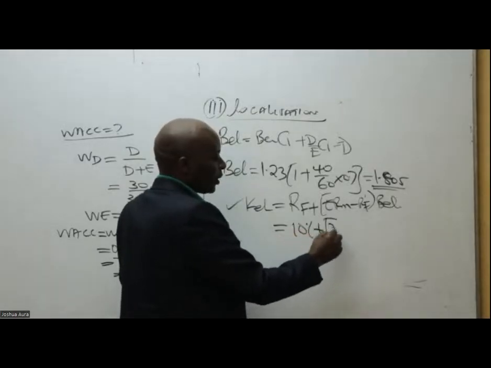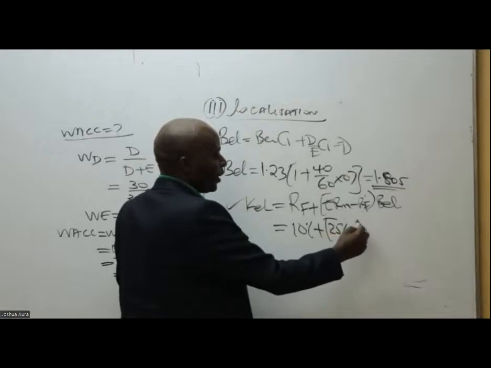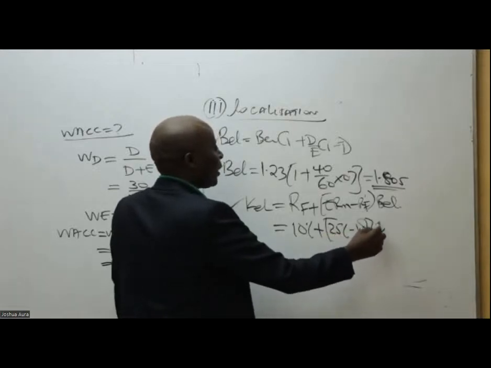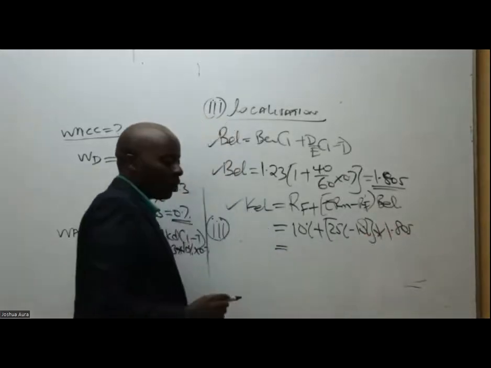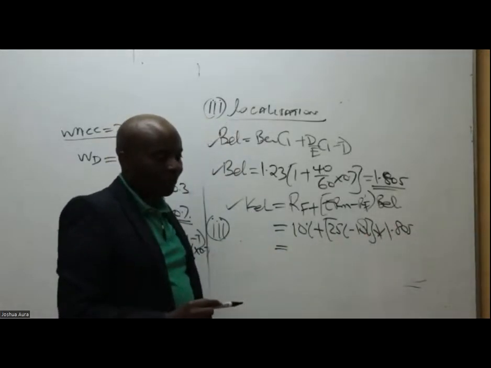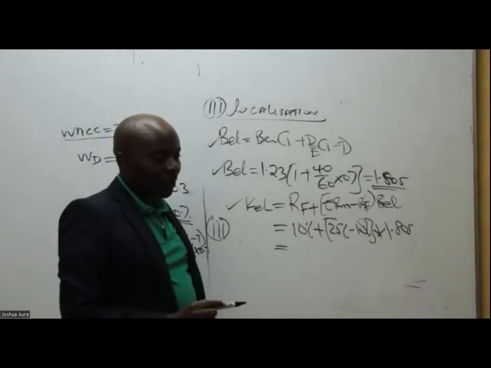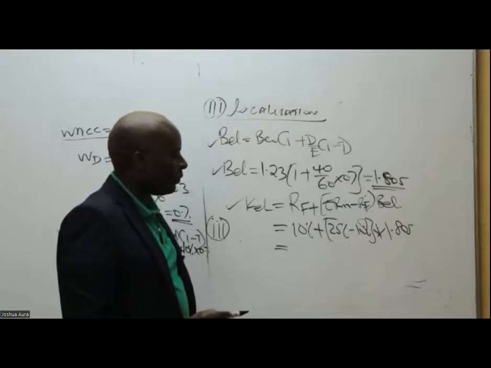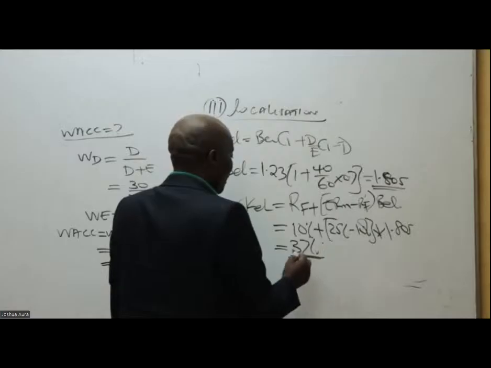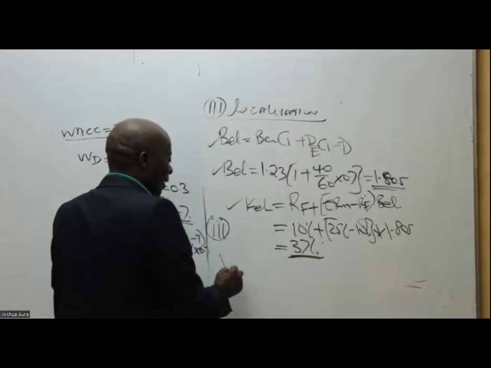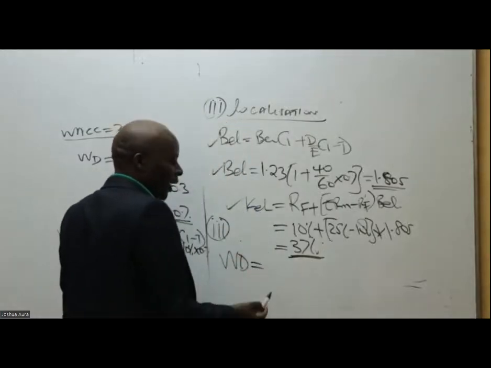Market returns, if my memory serves me well, was 25 minus 10 multiplied by the BEL that we have here, which is 1.805. So at the end of the day, what are we getting as our CAL? 37%. And then, ladies and gentlemen, go ahead and give us WD, weight of debt.